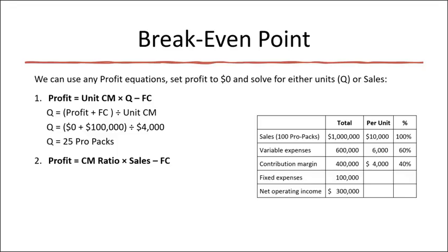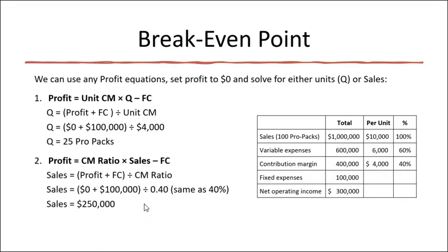Profit is zero, fixed expenses are $100,000, divided by 4,000, so it would take 25 Pro Pack sales to break even. And that makes sense since we have $100,000 of fixed cost to cover, and we know that there's $4,000 of contribution margin per unit.